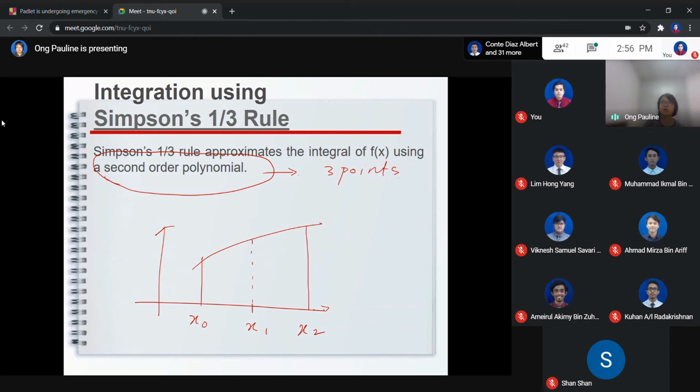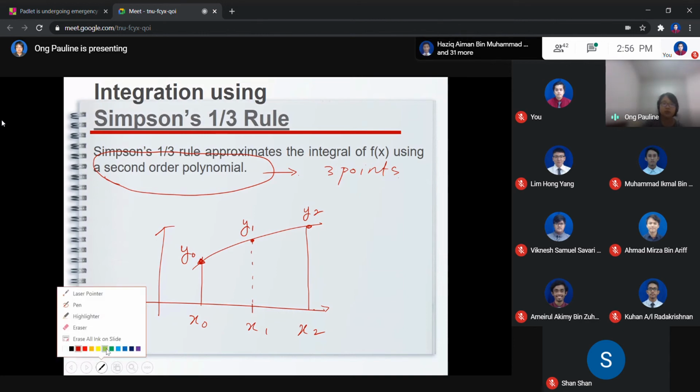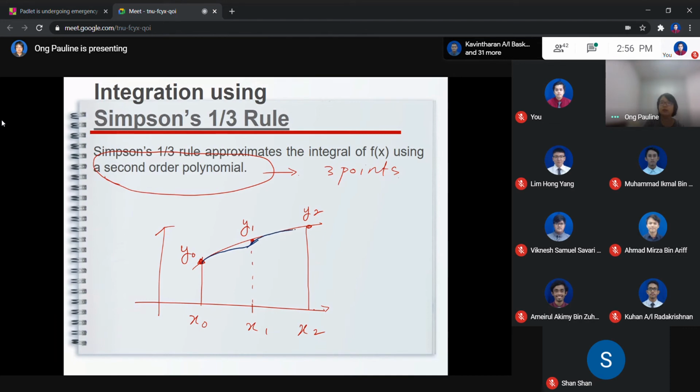So you have the points y0 here, this is the point y1, and this is point y2. So that means you will fit a second order polynomial, let's say it looks like this, which you use to approximate the area here.